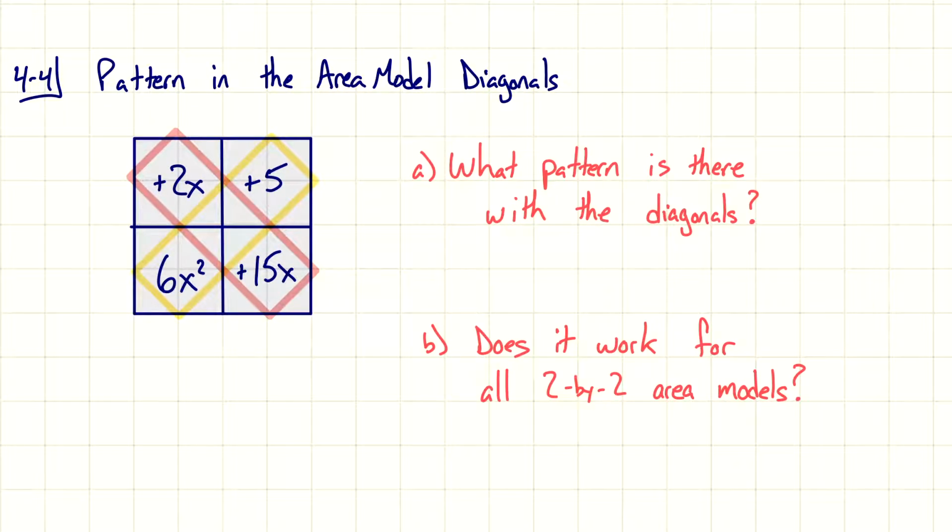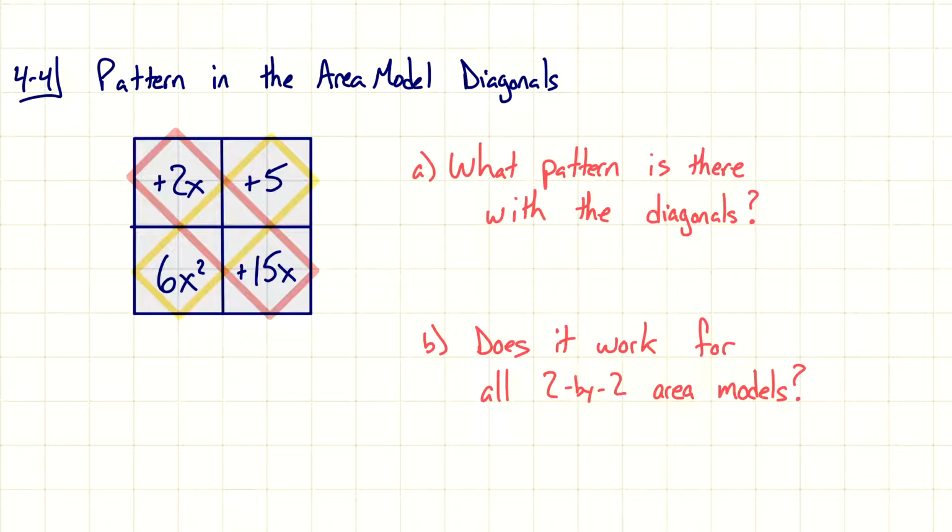the way the problem is set up, there's students working on this in class. One student realizes there's a pattern with the diagonals. And so the student highlights the diagonals, but then has to leave the class. And so the question is, what did this student notice that maybe we didn't notice before?